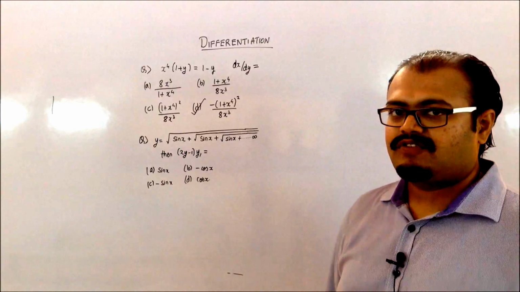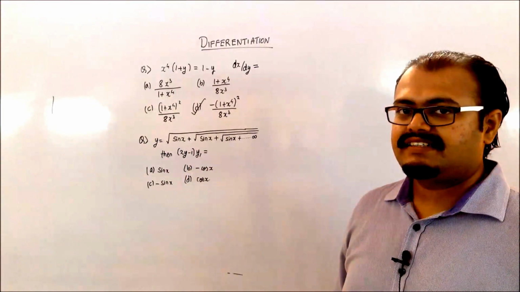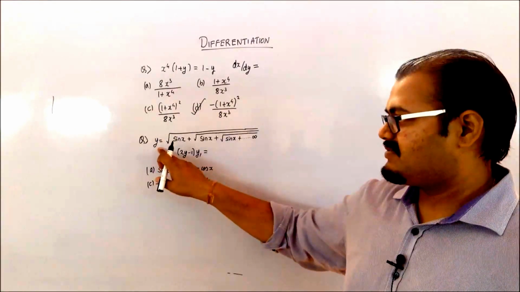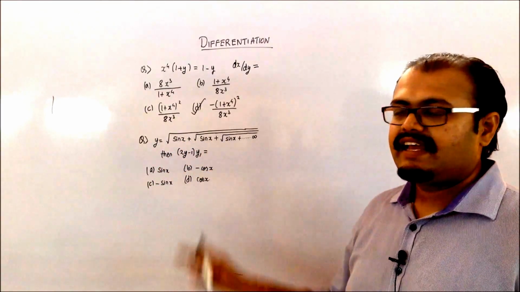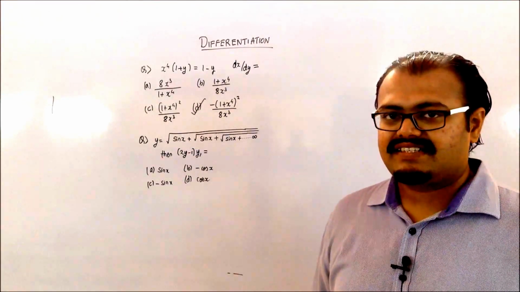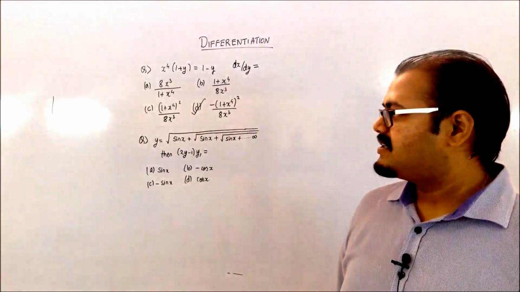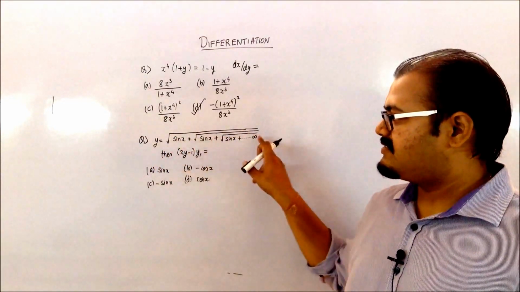Next, this type of question is very popular, wherein you are being given an infinite series. So what you can see is y is root of sin x plus root of sin x plus root of sin x, and that goes up to infinity. Whenever you have such a question, you first see what is y. Basically it's the root of sin x plus the infinite series.